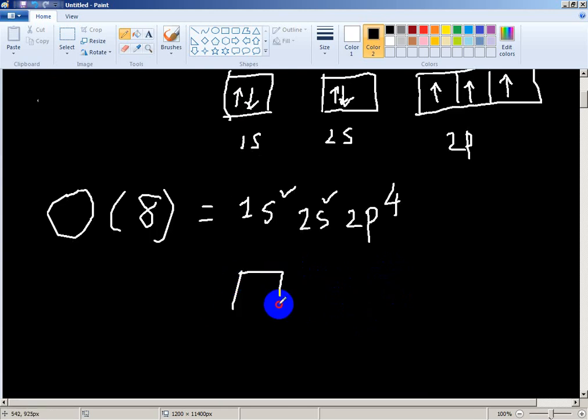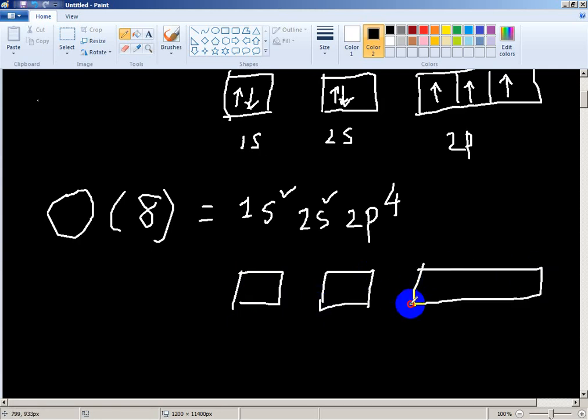In the 1s orbital there are 2 electrons, first one electron, then paired. Here, in 2p, single filling first, half filled, then it is paired.